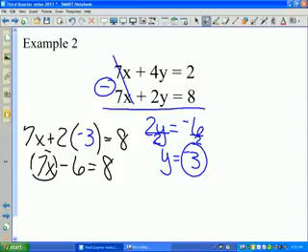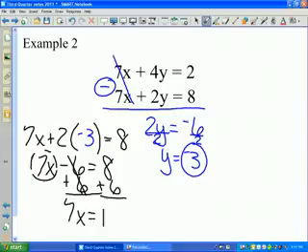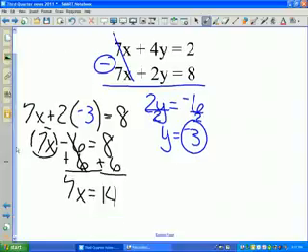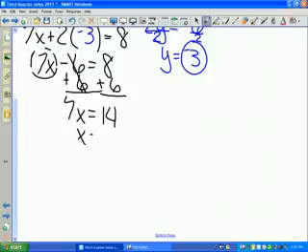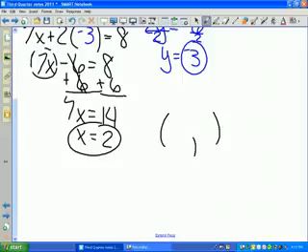This x right here is not going anywhere right now. That means I have to add 6 on both sides. So these 6's can cancel out, leaving me with 7x equals 14. So if 7x equals 14, that means x equals 2. So my ordered pair, or my solution in this case, is (2, -3).